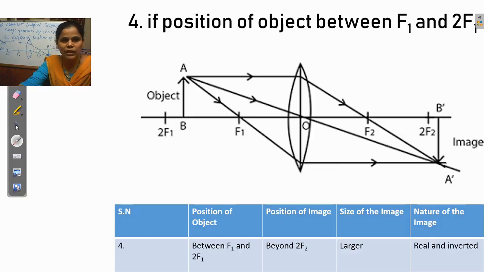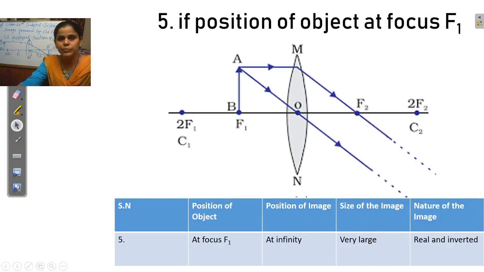The next condition, the fifth condition: the position of the object is at the focus. Here this is the focus point and your object AB is at the focus. First rule, draw the first line parallel to the principal axis, which passes through the principal focus, that is f2. Then the incident line that passes through the optical center O doesn't change its direction.